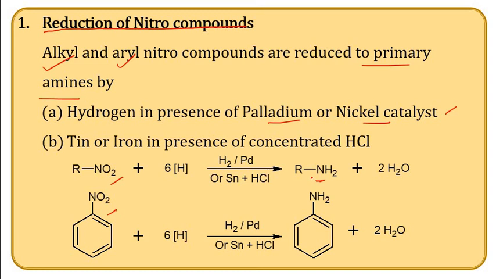RNH2 is the primary amine formula. Or if you take nitrobenzene, it can be converted into aniline by addition of 6 nascent hydrogens coming from palladium or nickel. Sometimes a metal with concentrated hydrochloric acid also works as a good reducing agent for converting nitrobenzene into aniline. The aniline formula is a benzene ring with NH2.